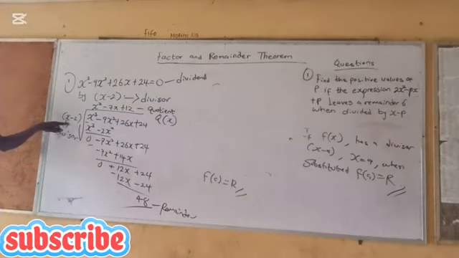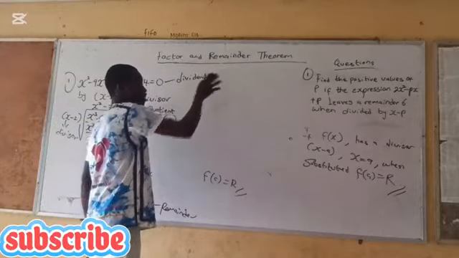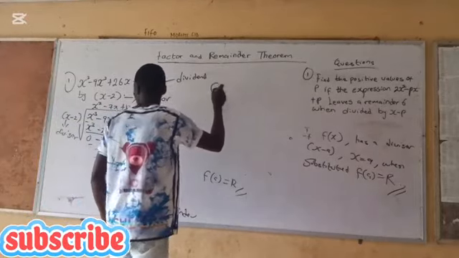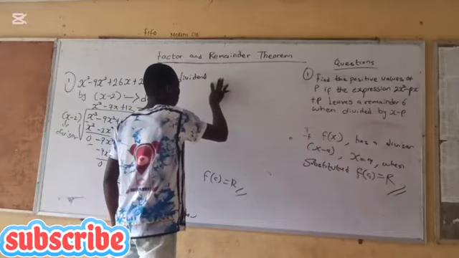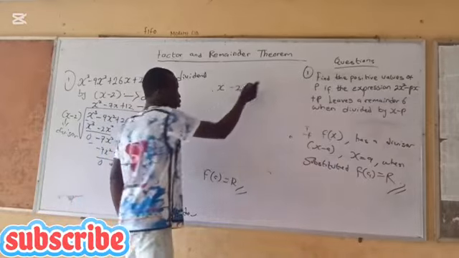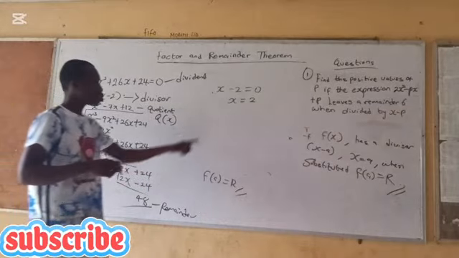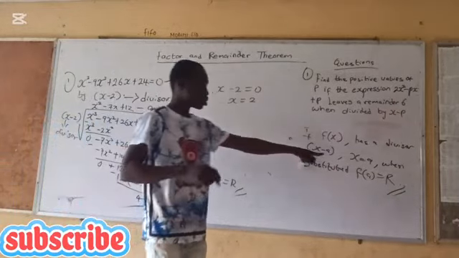So here we have the divisor x minus 2. Once we want to apply this remainder theorem, when you equate your divisor to 0, we have x equals 2, right? So this 2 is representing a, which you used the other time.